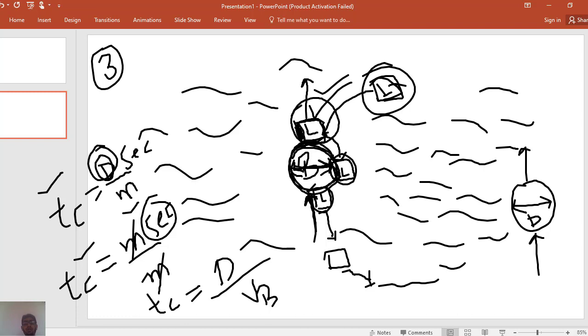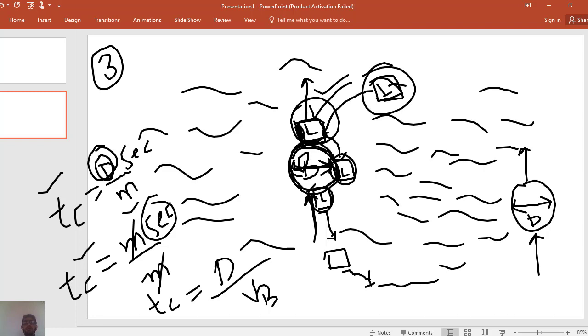But in reality, the contact time of each liquid element with the bubble is not the same. This is the main drawback of the penetration theory, because every liquid element cannot stay for the same time with the air bubble. Some elements can stay less time, while others can stay long.